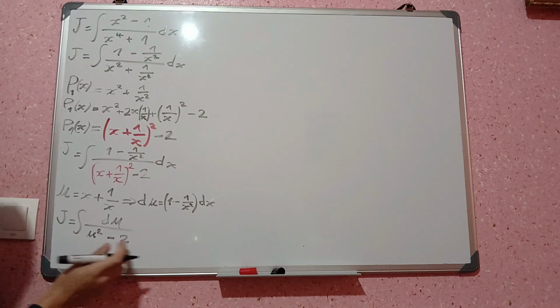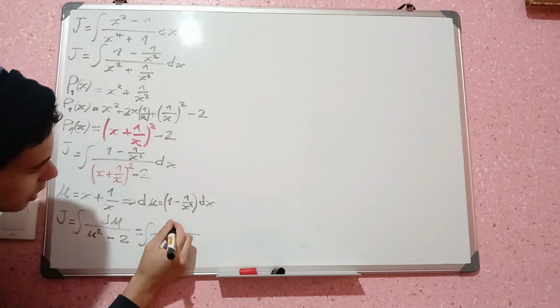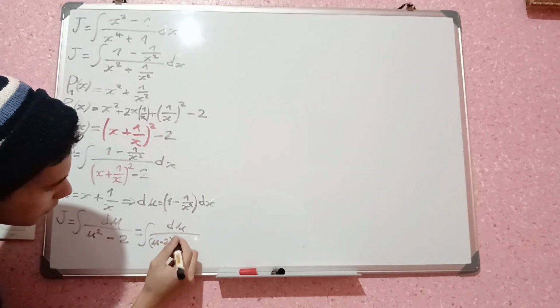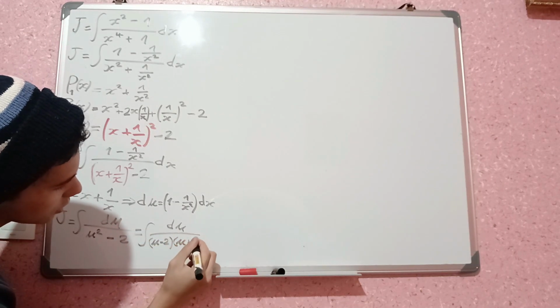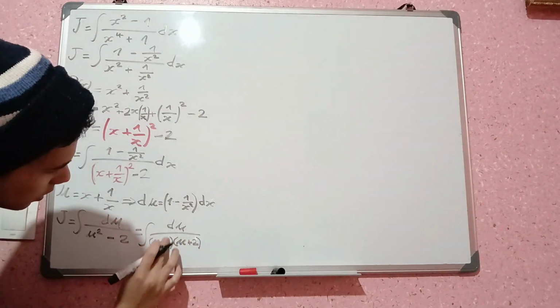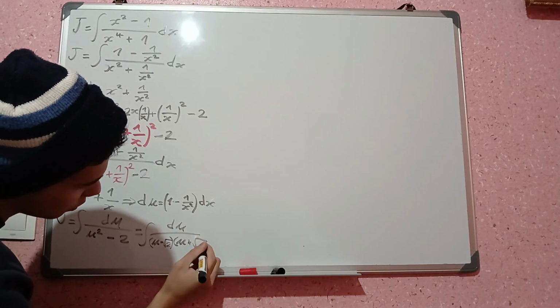Alright, we can factor the denominator. We get the integral of du over (u minus square root of 2) multiplied by (u plus square root of 2).